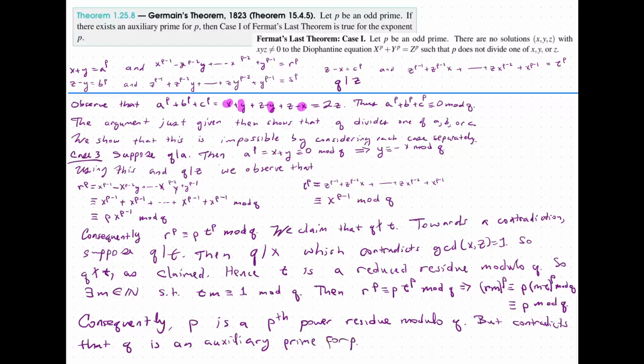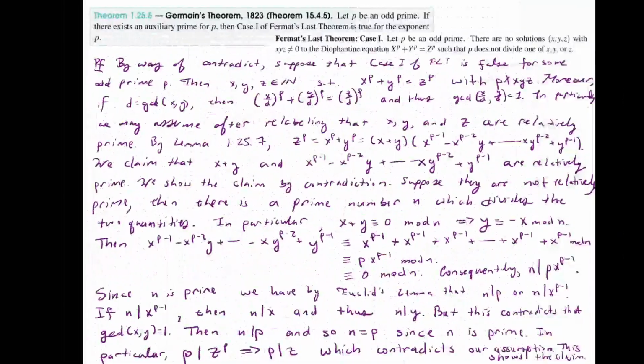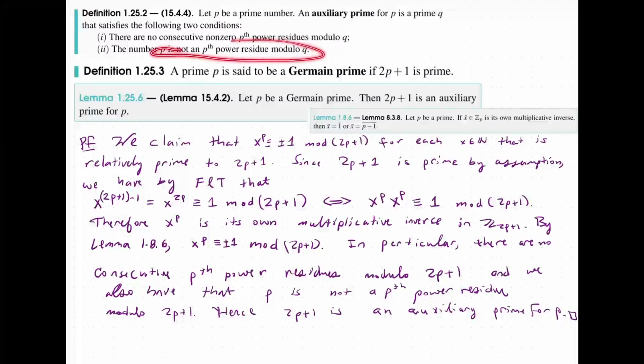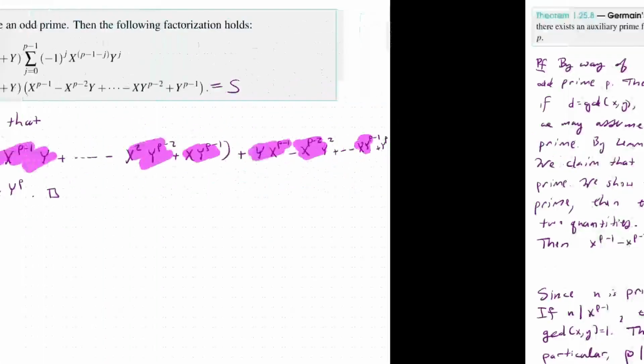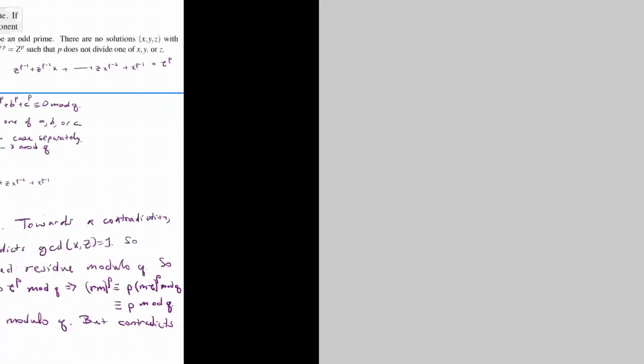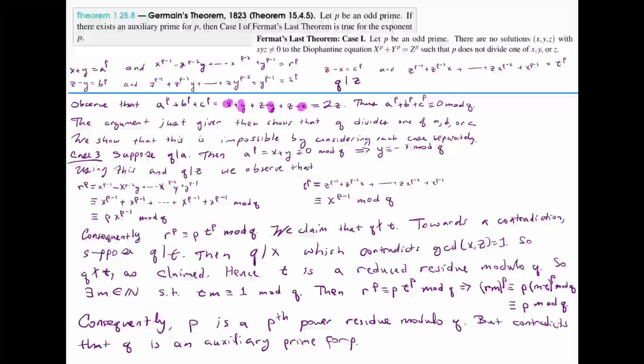Because by definition of auxiliary prime, we have that p cannot be a p power residue modulo q. We have just contradicted this. And that is our desired contradiction. And so this completes the proof. And we are done. We have proven Germain's theorem.